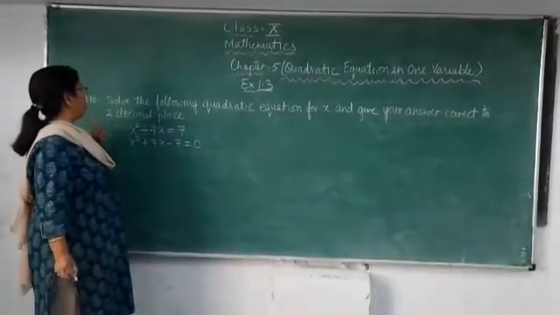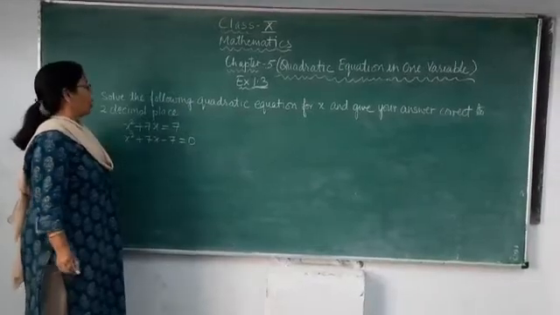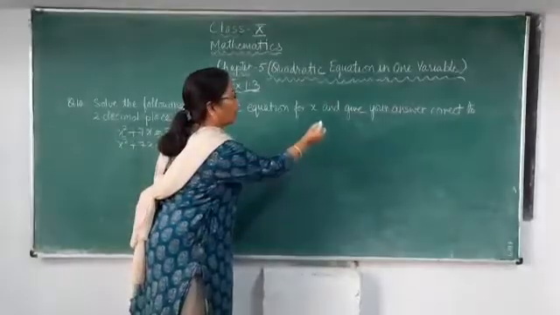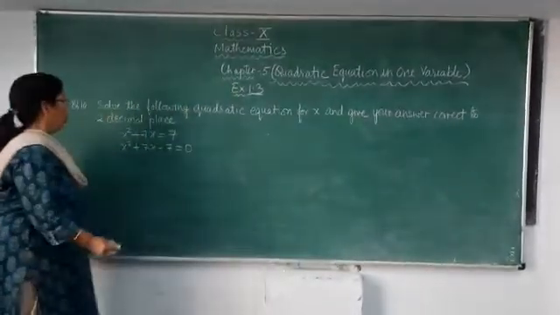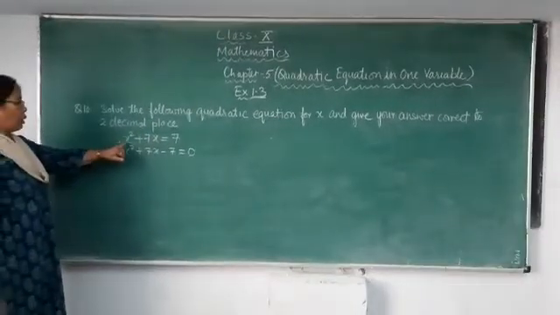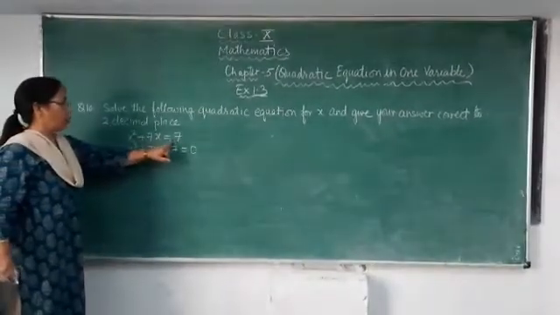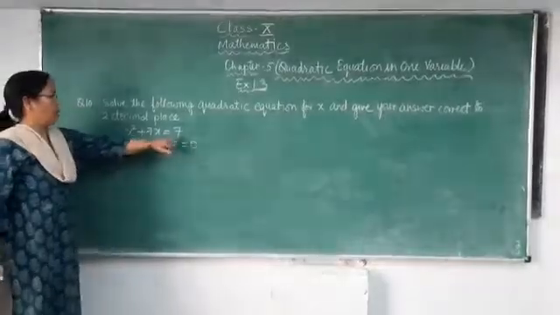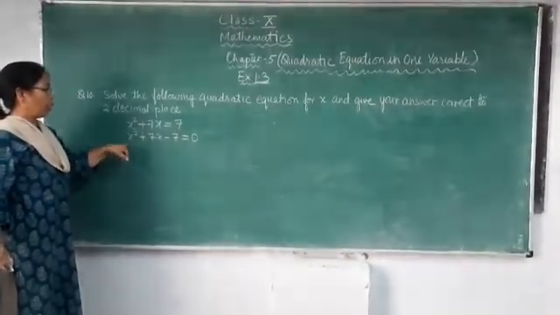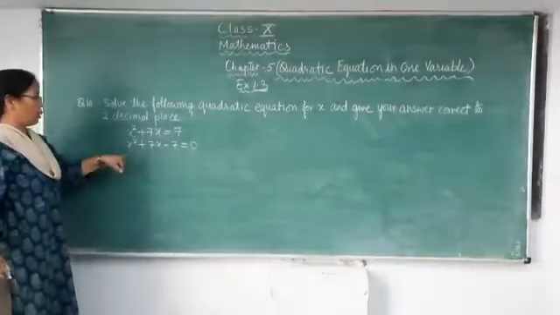Now I am explaining question number 10. Solve the following quadratic equation for x and give your answer correct to 2 decimal place. So in this question, the equation is x square plus 7x equals to 7. So we'll bring this 7 to this side first and change this equation in form of ax square plus bx plus c equals to 0.